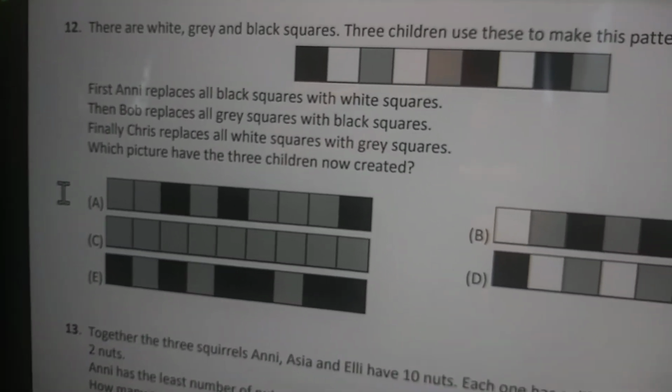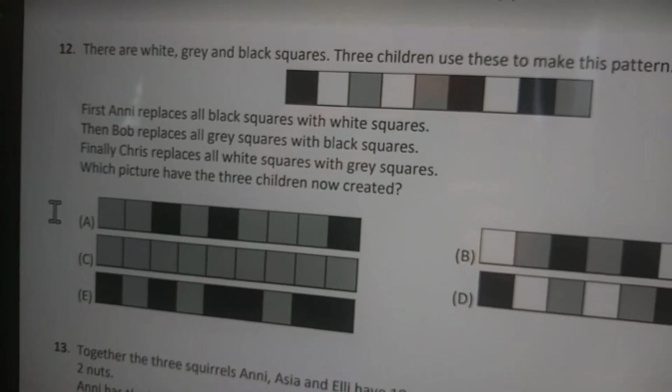Next, Bob replaces all gray squares with black squares. So anything that says G, you are going to replace with a black. So kind of like that. This gray right over here is going to turn into black.